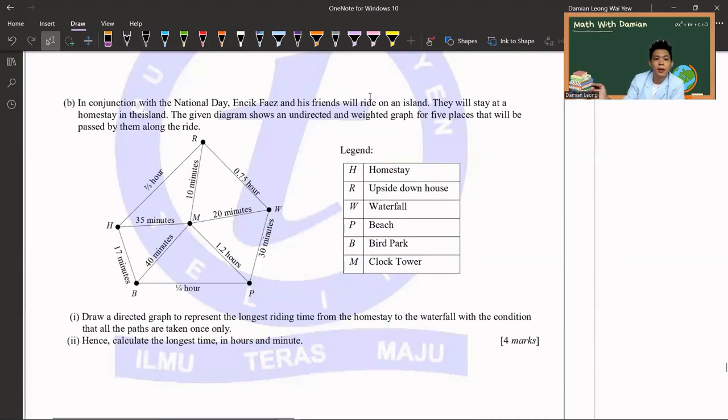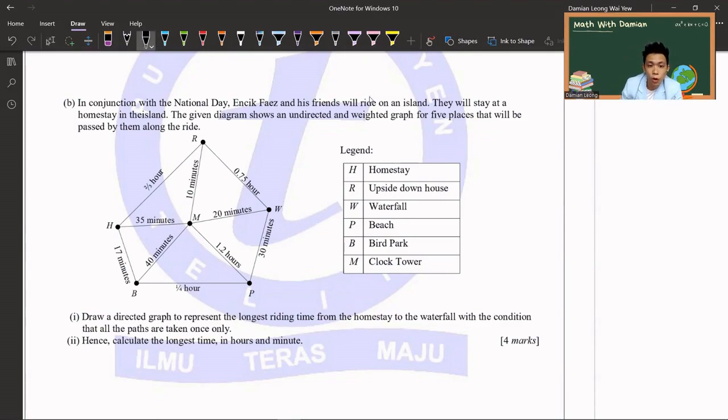Then the B is a network question. I want a directed graph representing longest riding time from the homestay to the waterfall with the condition that all the paths are taken only once. Okay, so this is an undirected but weighted graph.